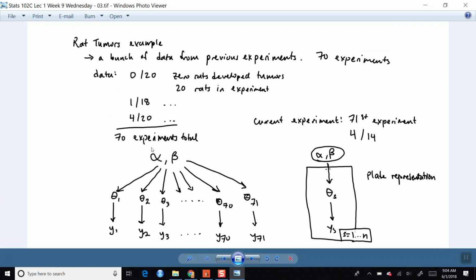We've got some parameters, alpha and beta, and for each rat experiment, or for each baseball player, we generate a theta value. The theta is going to be the probability of developing tumors for each rat experiment. There were 70 different experiments. Or it could be the probability of getting a hit, and we would have a different theta value for each baseball player.